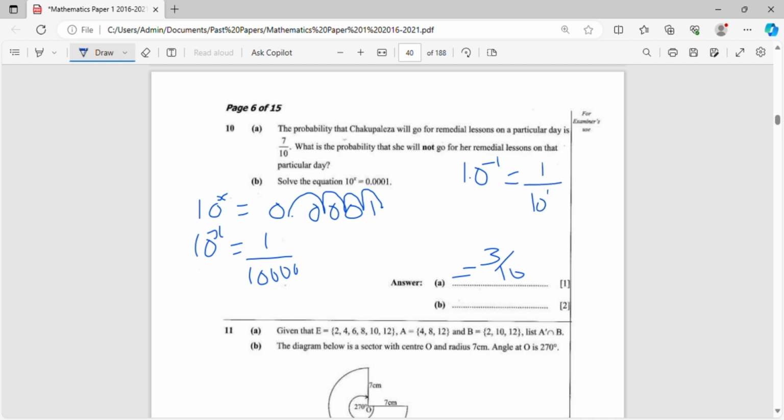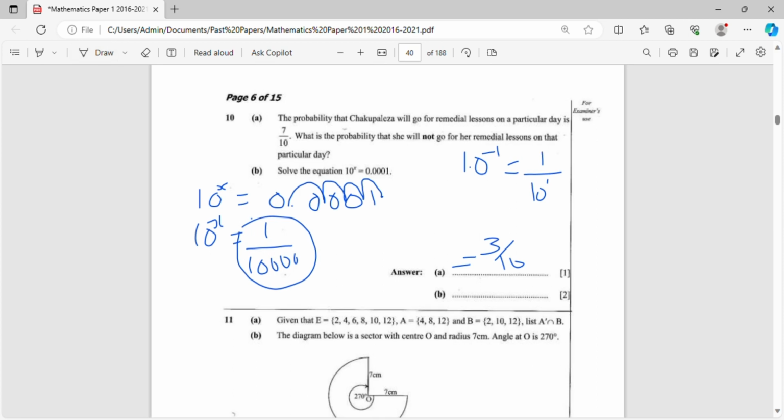This is the same type of situation. We do not want it to be in fraction form. So this will become 10 to the power x is equal to 10,000 to the power negative 1, because we removed the 1 over, so it becomes to the power negative 1.